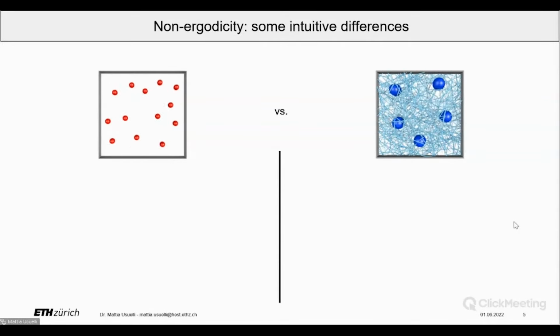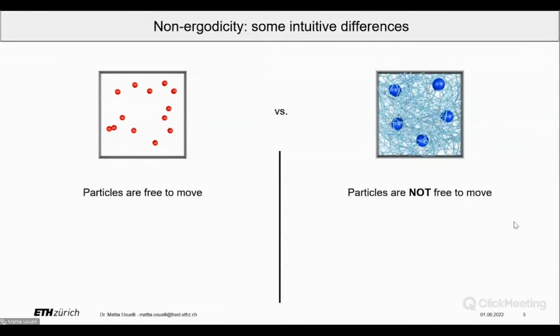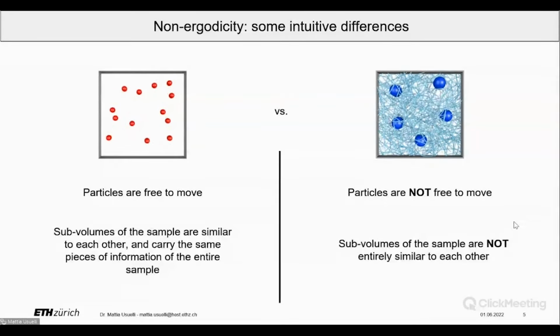So which are these intuitive differences that we're talking about? On the left, particles are free to move. On the right, particles are not free to move because there are also some other energetic components that keep them in a more fixed position with limited Brownian excursions around this position. At the same time, another very important aspect: if we look at the left, we can say that subvolumes of the sample are similar to each other and carry the same information as the entire sample itself.